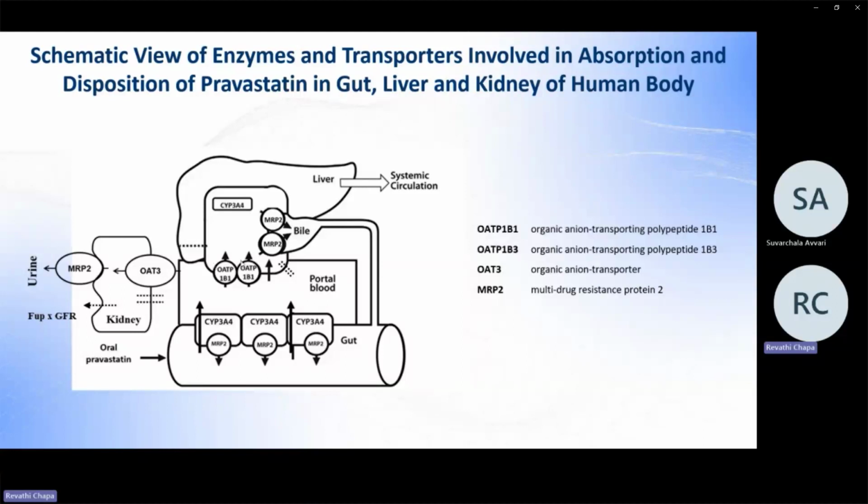So for pravastatin, we don't have the FT contribution from OATP1B1 versus 1B3, so we attributed the entire FT to 1B1. There was not sufficient in vitro data that explains the individual contribution of each of these transporters.